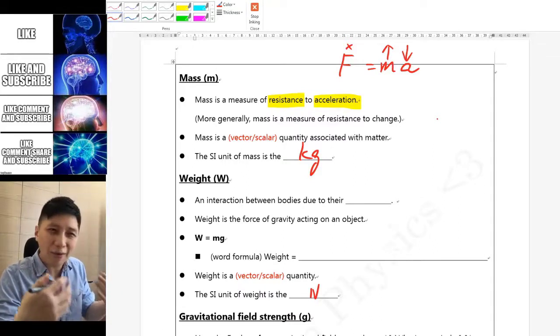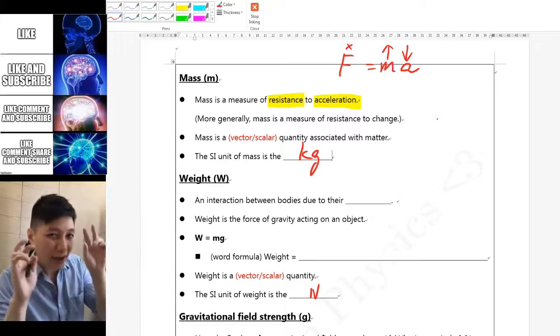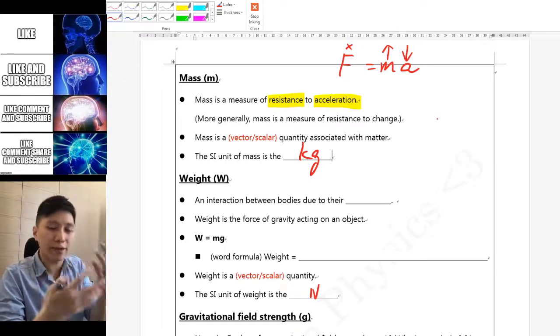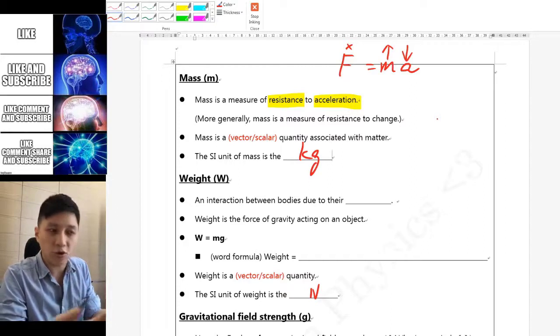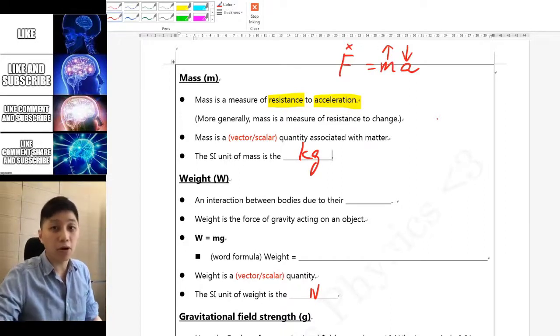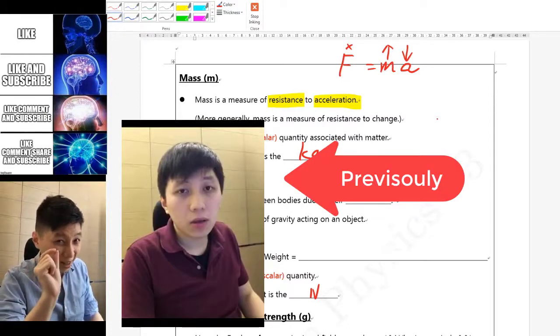So depending on how many atoms you have, and of course some other considerations, such as how heavy each atom is, all these add together and you will be able to evaluate the mass of an object. For example, I just had my hair cut, so technically I have a little bit less mass.